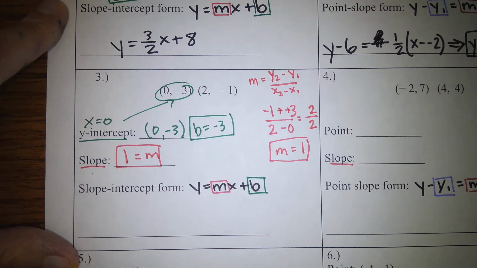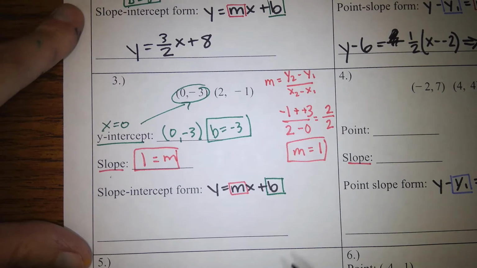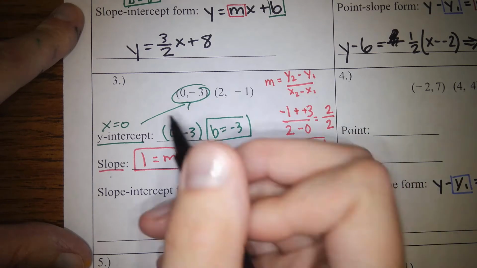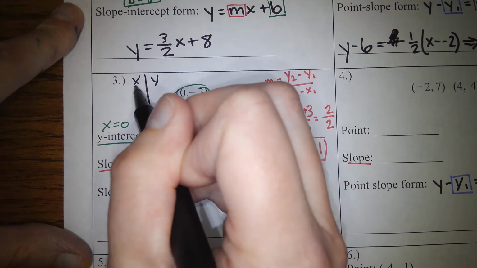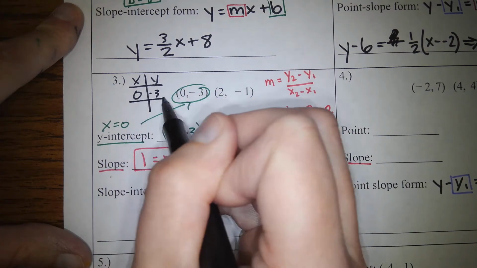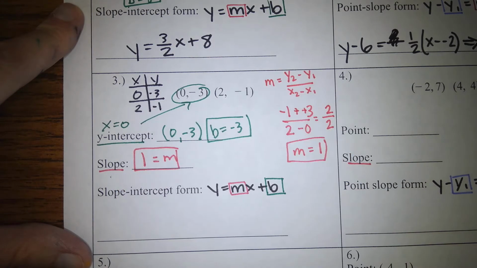Now, when I said put it in a table, this is actually also a really nice way to do this. What I want to show you is you can also find your slope by just making a table. So if I wanted to make a table really quick, I would say x and y, 0, -3, and 2, -1.